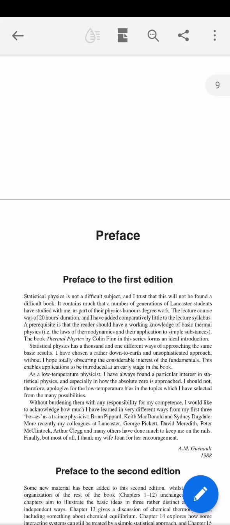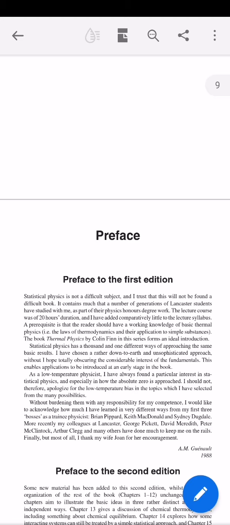So as a low-temperature physicist, I've always found a particular interest in statistical physics, especially in how absolute zero is approached. I should not, therefore, apologize for the low-temperature bias in the topics, which, of course, is all about one kind of statistical physics, which is Fermi-Dirac physics, which is all about low temperature sensitivity, low temperature analysis of gases, ionized gases, liquid gases.